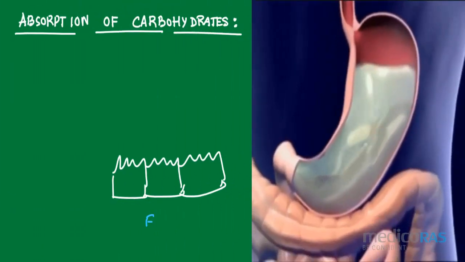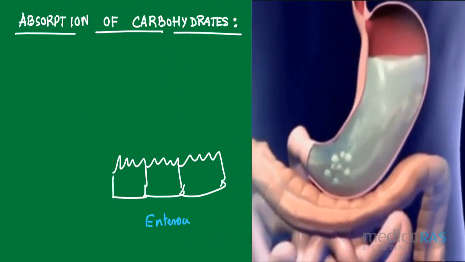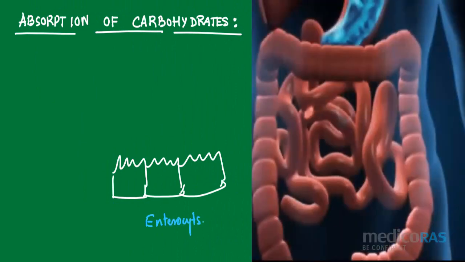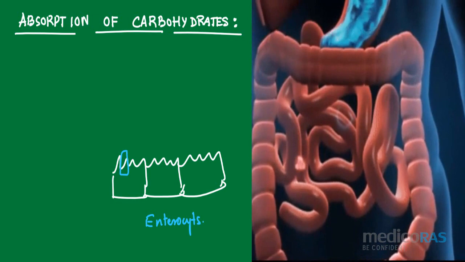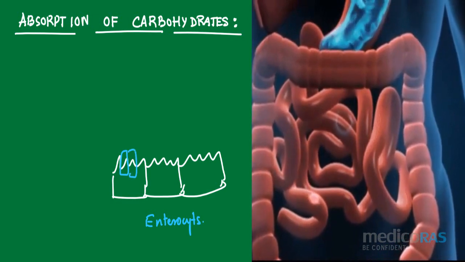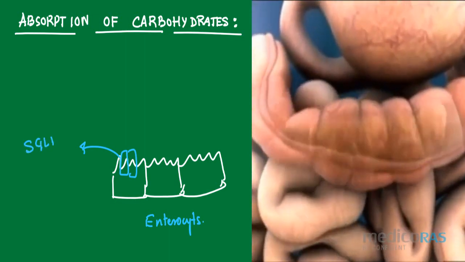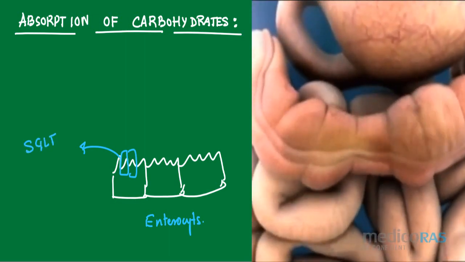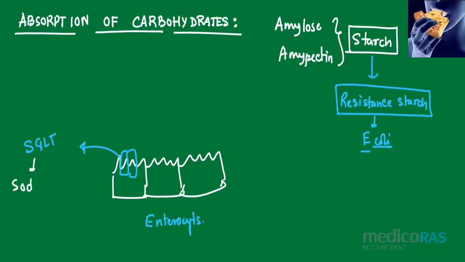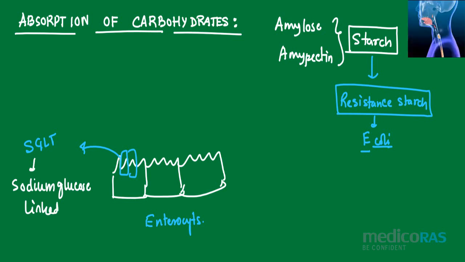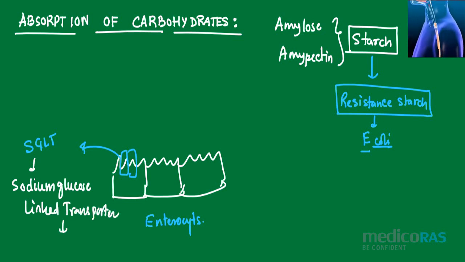Absorption of carbohydrate takes place inside the enterocytes. This enterocyte cell has a special structure known as SGLT. As you can see here, let us consider this structure as SGLT, which is known as sodium glucose link transporter.